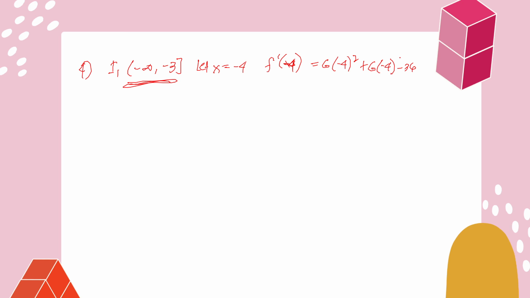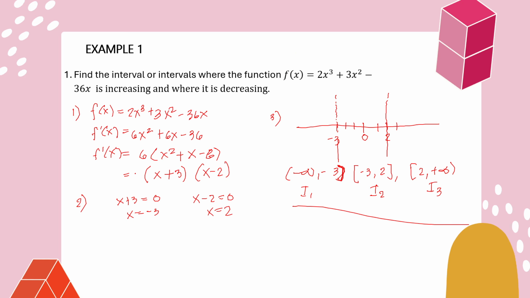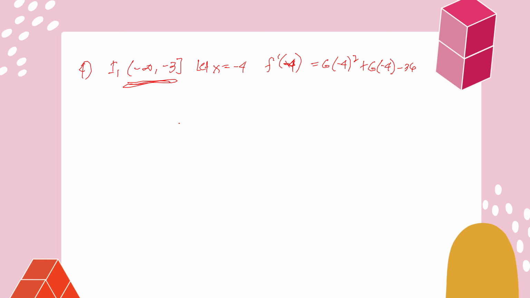Where did we have this function? We substituted here in the first derivative, 6x squared plus 6x minus 36. We just simply substitute the value negative 4. So 6 times negative 4 squared plus 6 times negative 4 minus 36, the value of this is equal to 36.